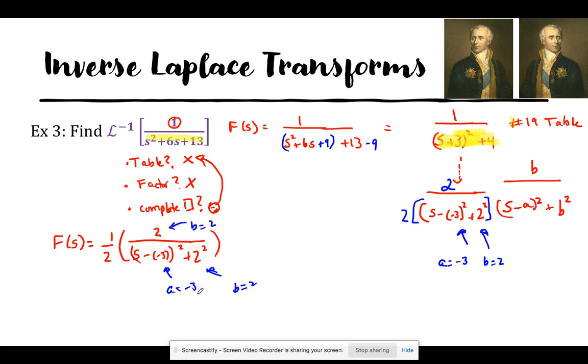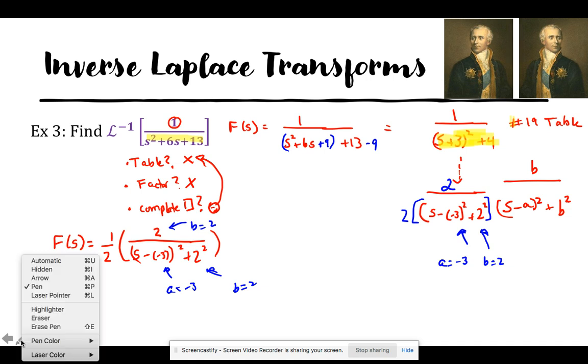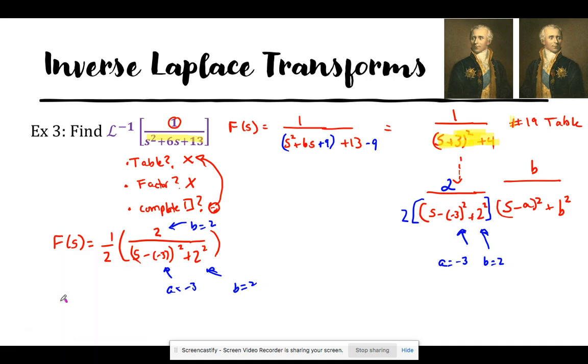So now I can write little f in terms of t as just 1/2 times e to the -3t times sine, number 19, right, sine of bt.